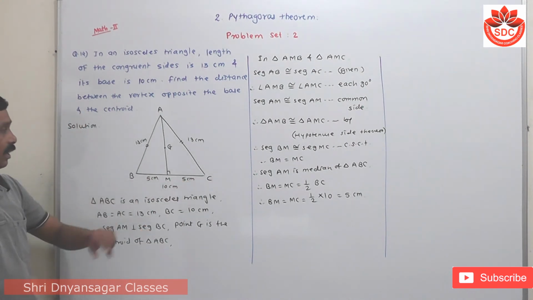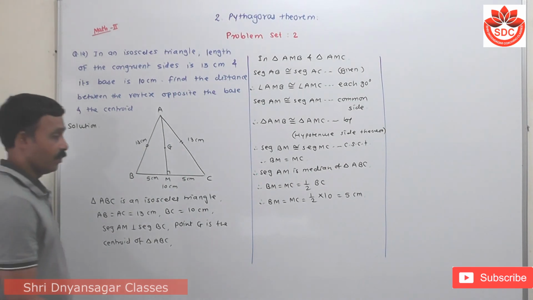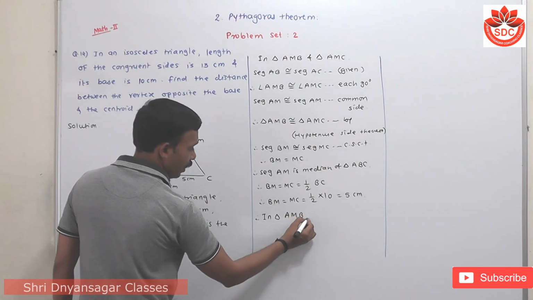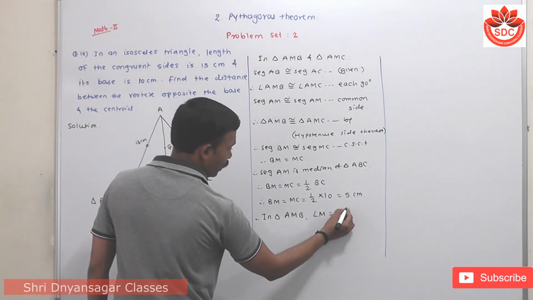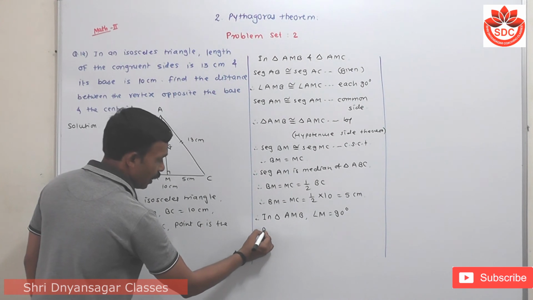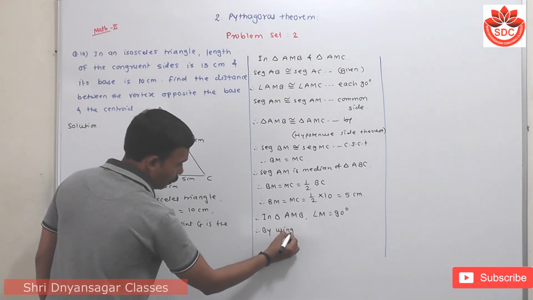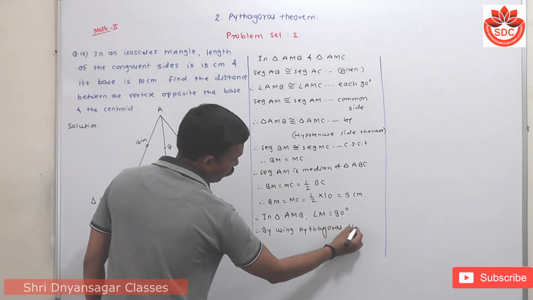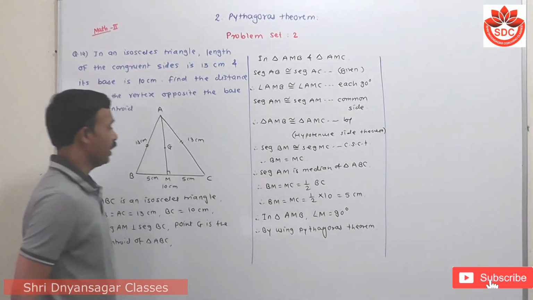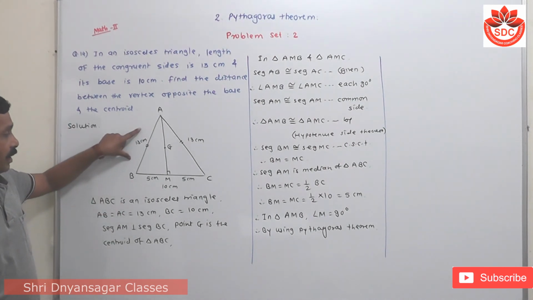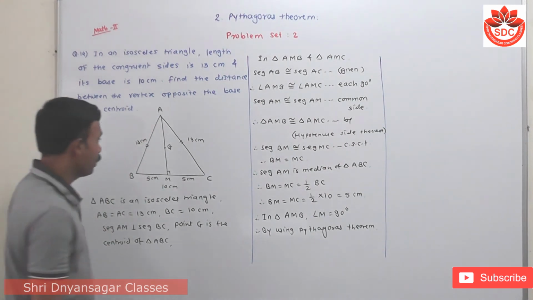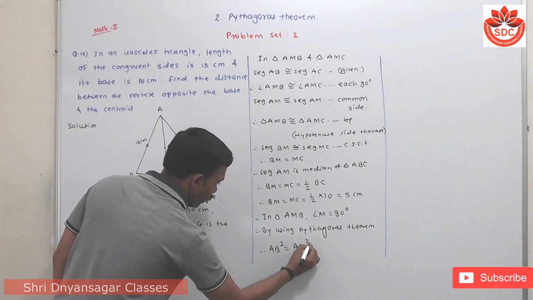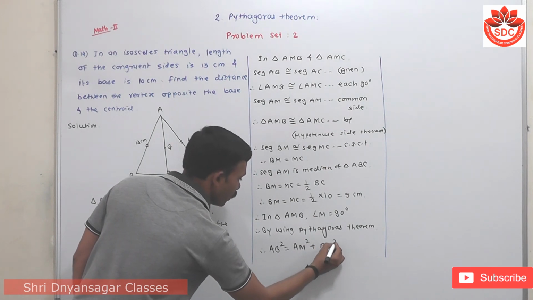We take any one triangle and find the value of AM. In triangle AMB, angle M is 90 degrees. Therefore, by using Pythagoras theorem, the hypotenuse square is equal to the sum of the squares of the two remaining sides. AB square is equal to AM square plus BM square.